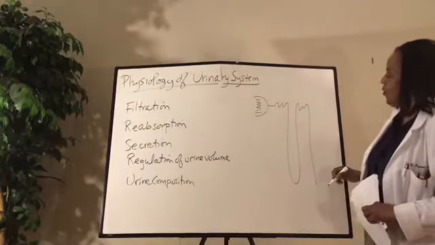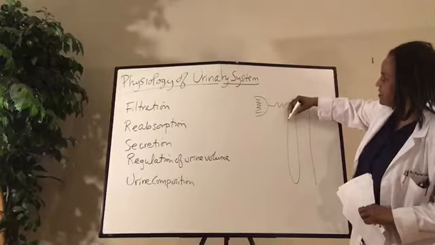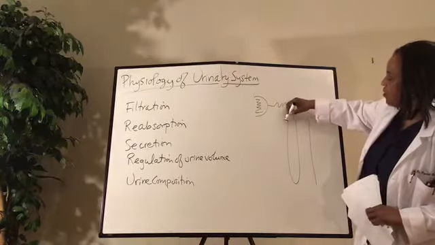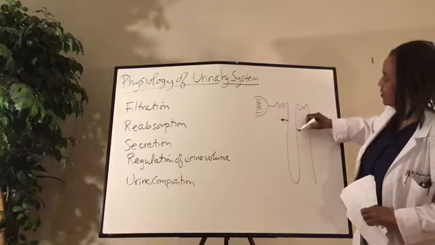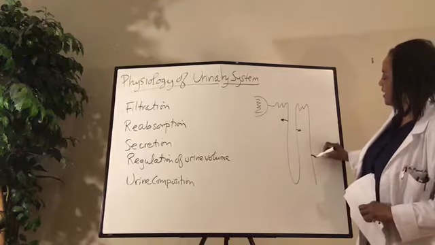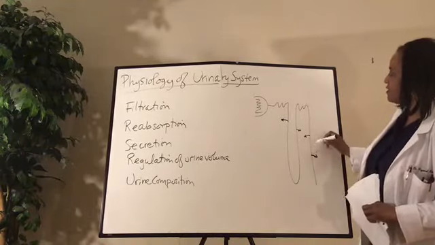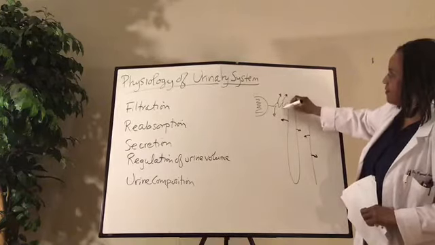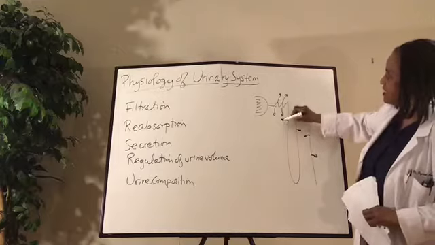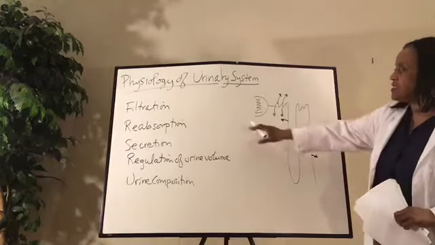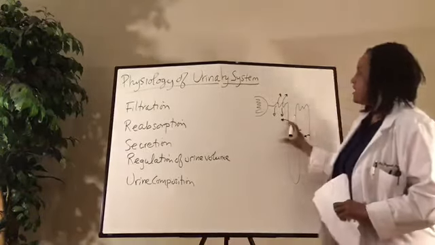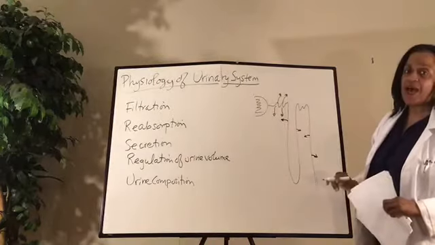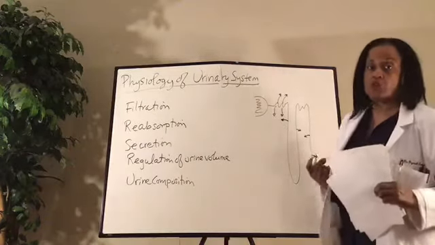When something is coming out of a tubule, just say this way, and a lot of it comes out here. This direction, these are coming out. This is reabsorption. It's coming out into the body to be reabsorbed.